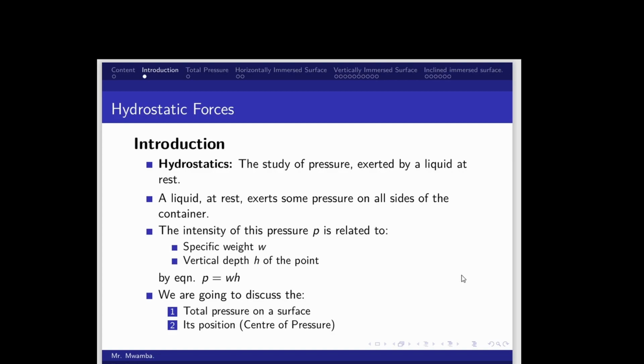That force acts at some point on that immersed solid or metal.